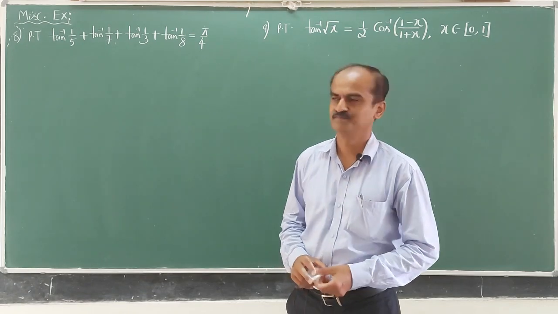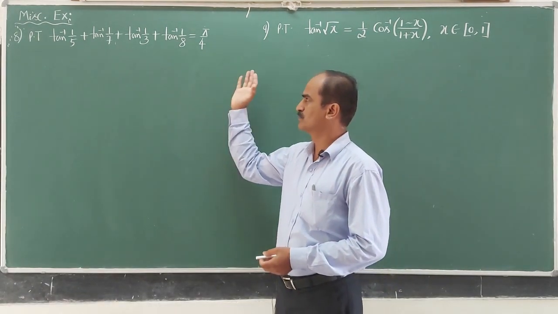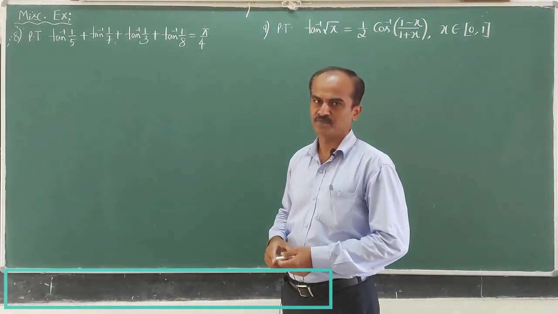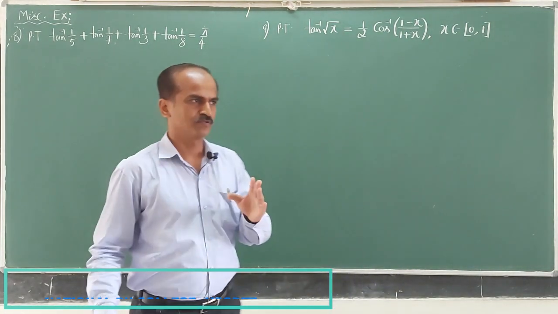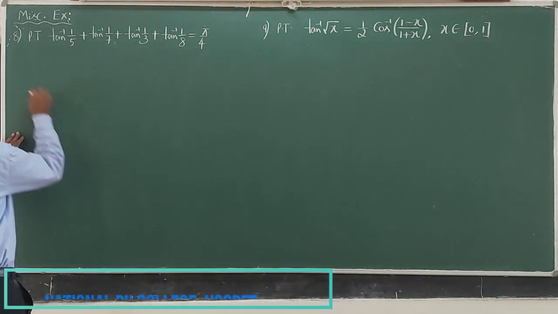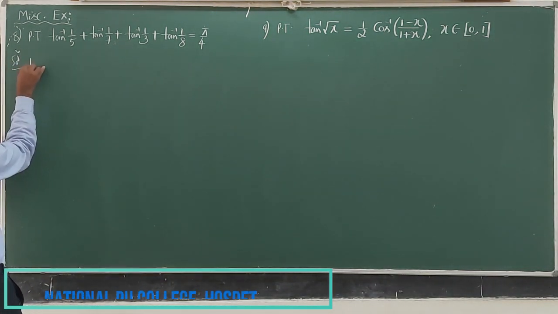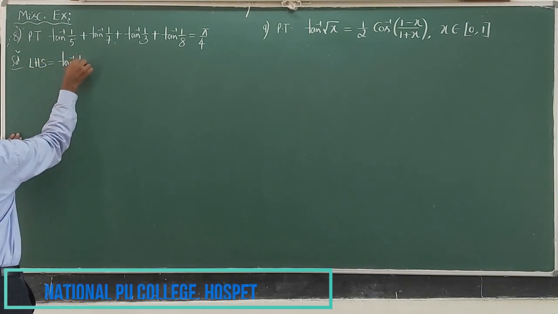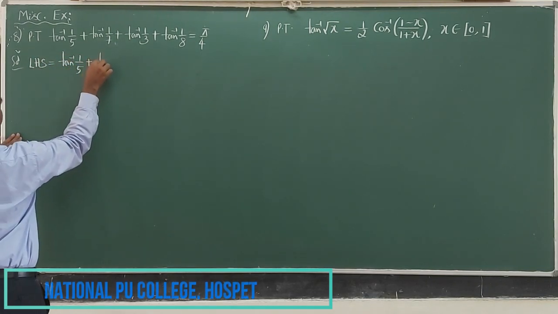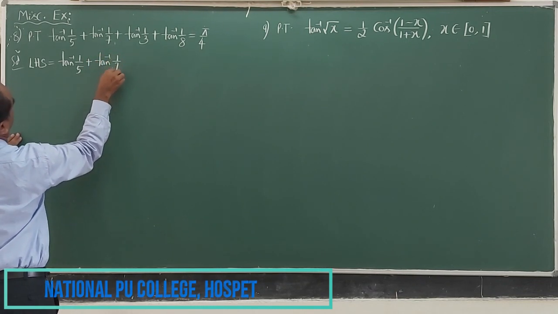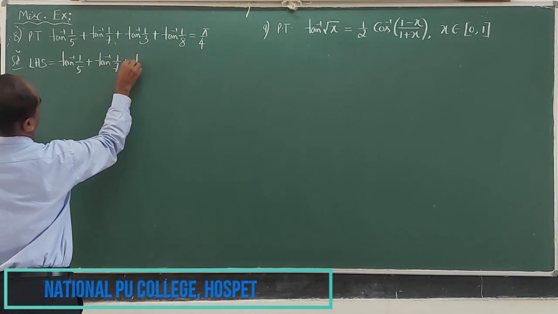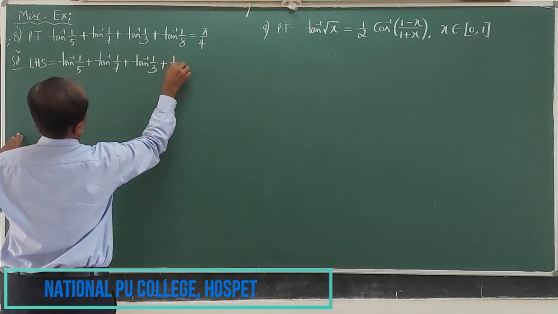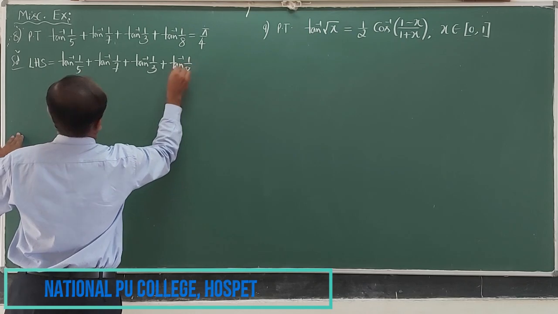Example 8. We have to prove that sum of these 4 inverse of tan function as pi by 4. Now in order to prove this, let me write first LHS: tan inverse of 1 by 5, tan inverse of 1 by 7 plus tan inverse of 1 by 3 plus tan inverse of 1 by 8.